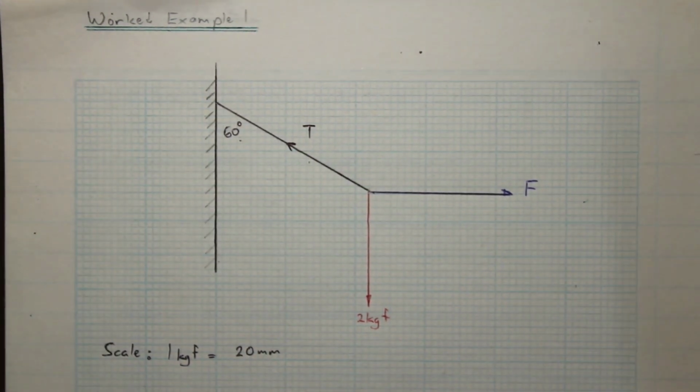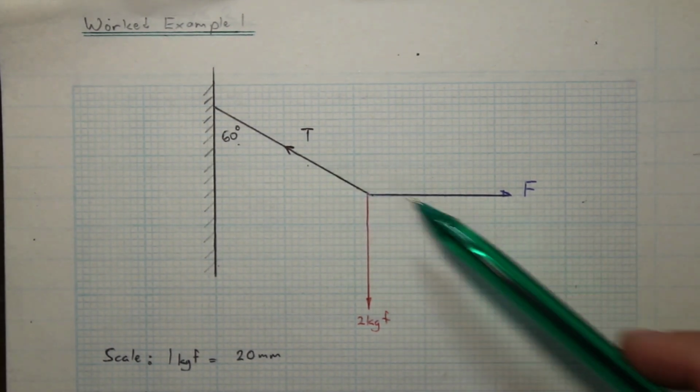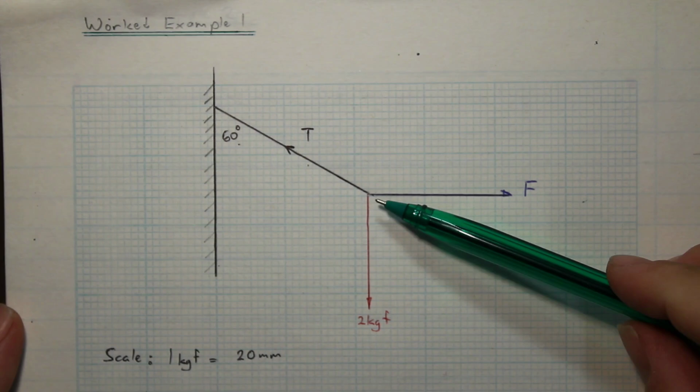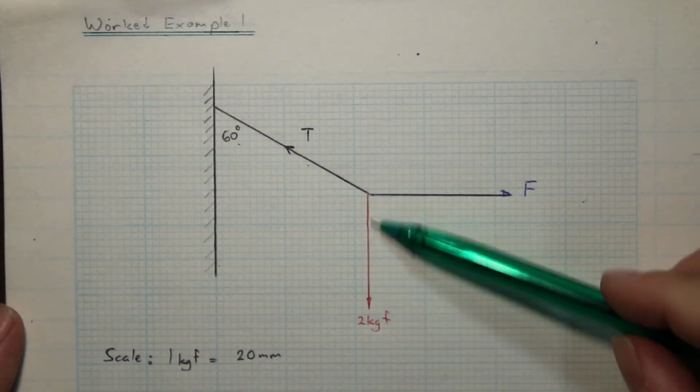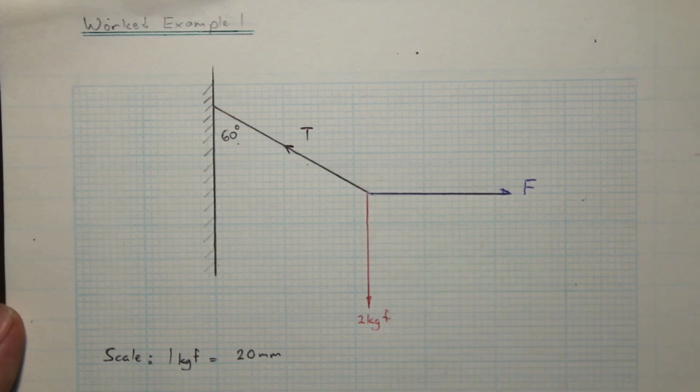Okay, so what do we do? We want to work out the forces in these two vectors over here. Okay, so first of all, we're going to take a scale. Now the scale, you can choose any scale, and this is what sometimes people struggle with because they don't know what scale to use. So we know the force in this vector over here, so it's 2 kilograms of force down.